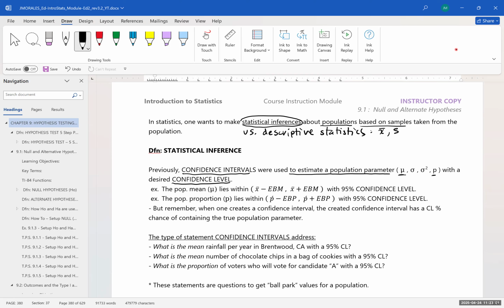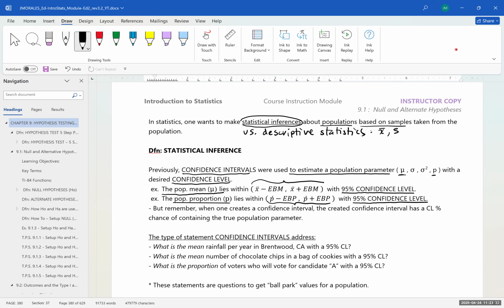For example, we would say that the population mean lies within this confidence interval with a 95% confidence level. Or when we studied the population proportion, we created a confidence interval that contained that population proportion within a certain confidence level.